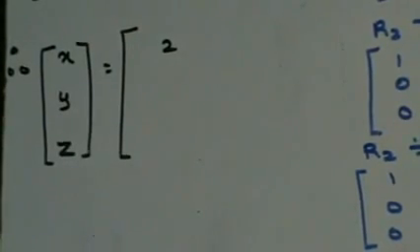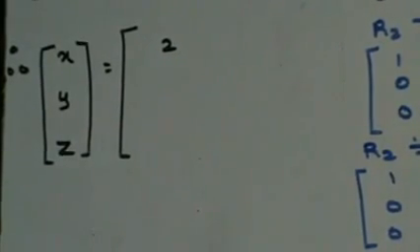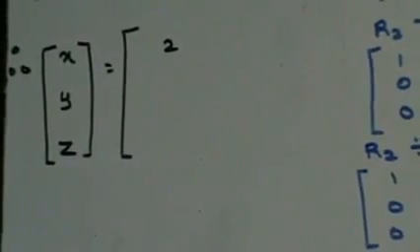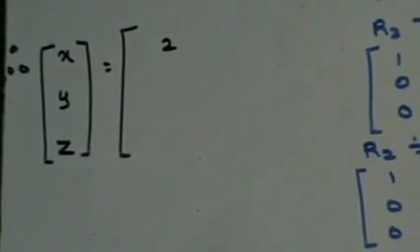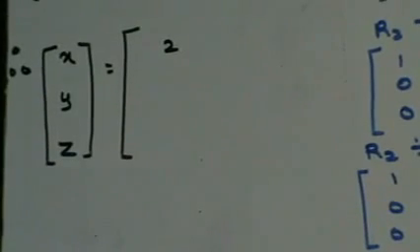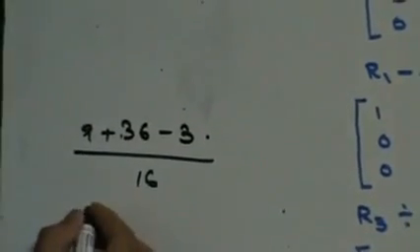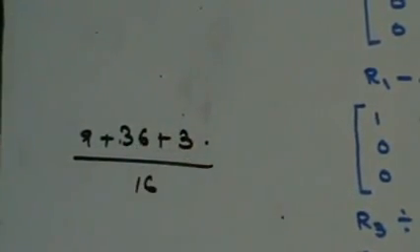Now 9 by 16, I will take 16 as a common denominator, in which case I will get 9 plus 18 minus 3, right? 15 plus, this is going to be 9 fours are 36, 33 plus 9 plus 3, right?